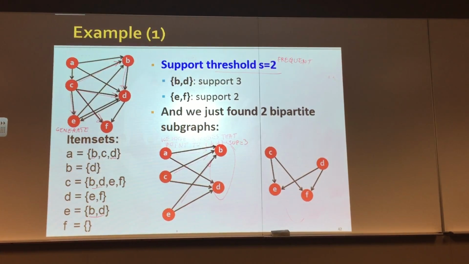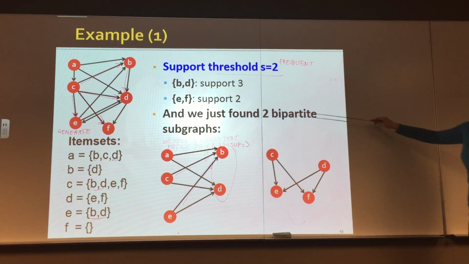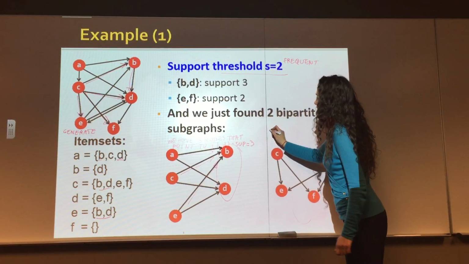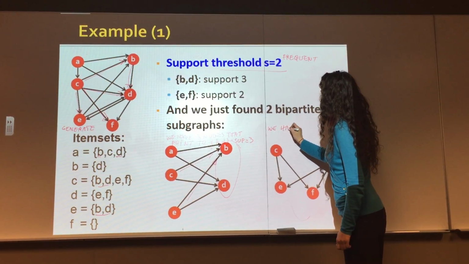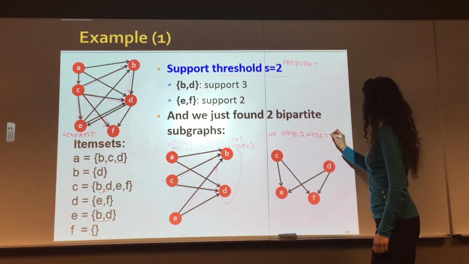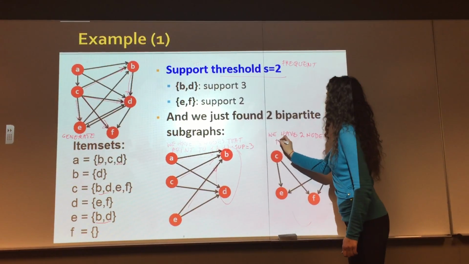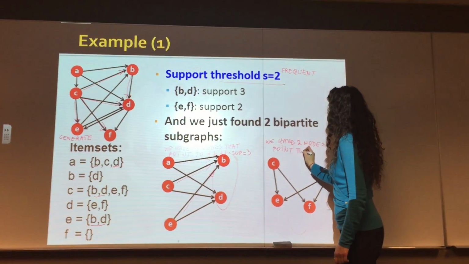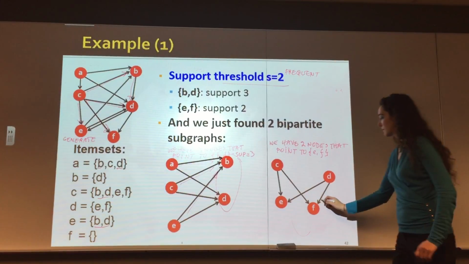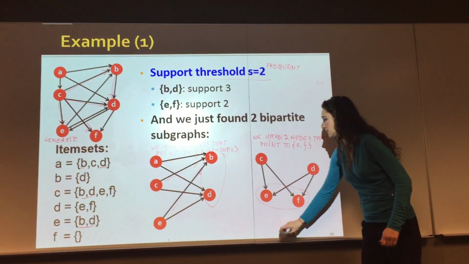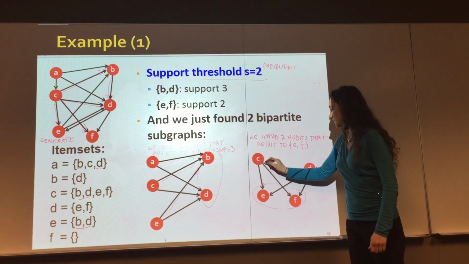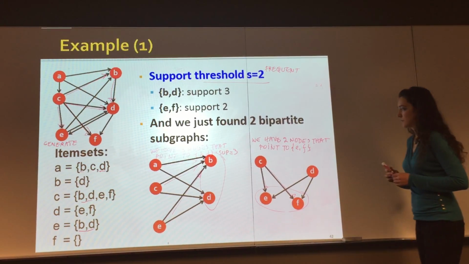For the other set, EF, the support is 2. This means we have 2 nodes that point to EF. So that's the second part of our graph. And so the 2 nodes are C and D that point to them.